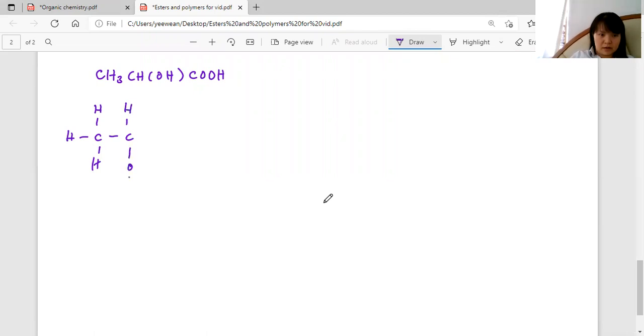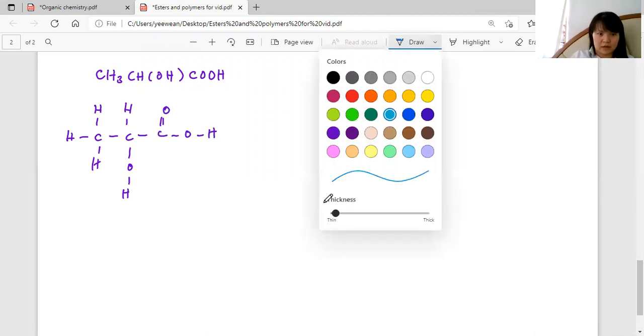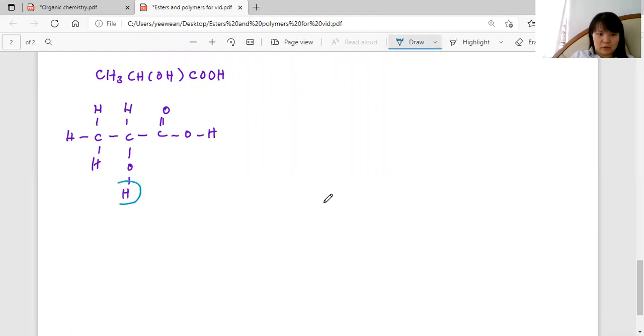You see the OH is at the bottom, and I don't want that OH at the bottom because it's difficult to draw in exams. So I'm going to put this OH on this side and switch the CH3 down. And we're going to polymerize with this OH here.